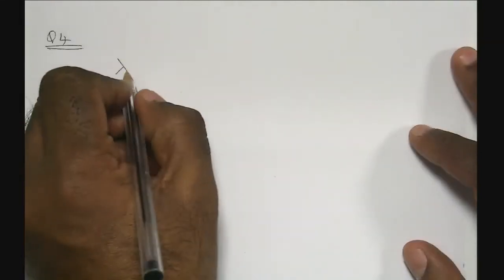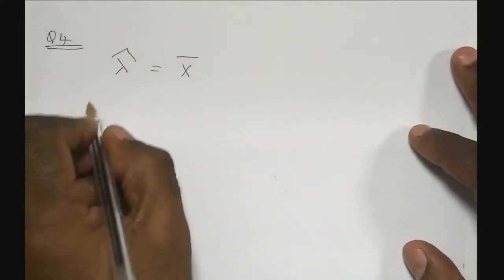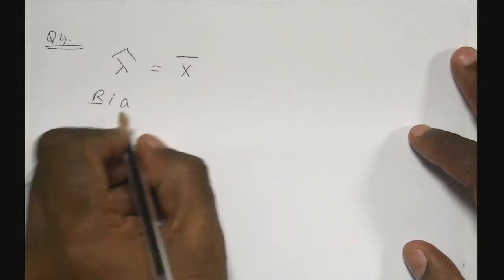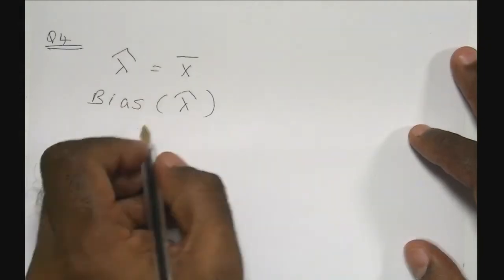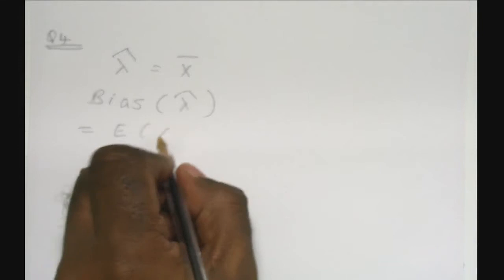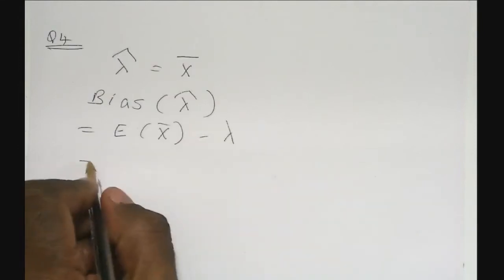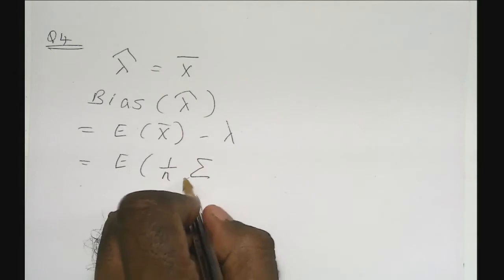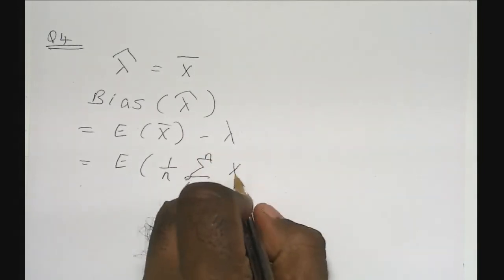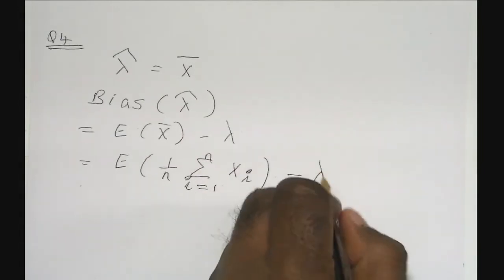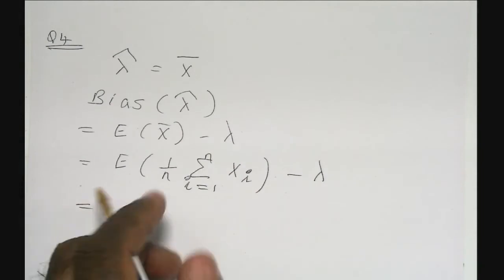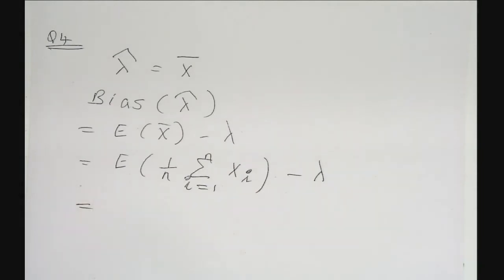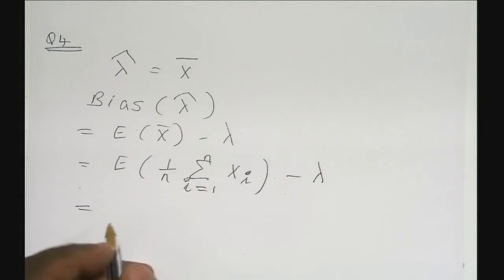Question 4. All right. The ML estimator for lambda in the Poisson distribution is x bar.